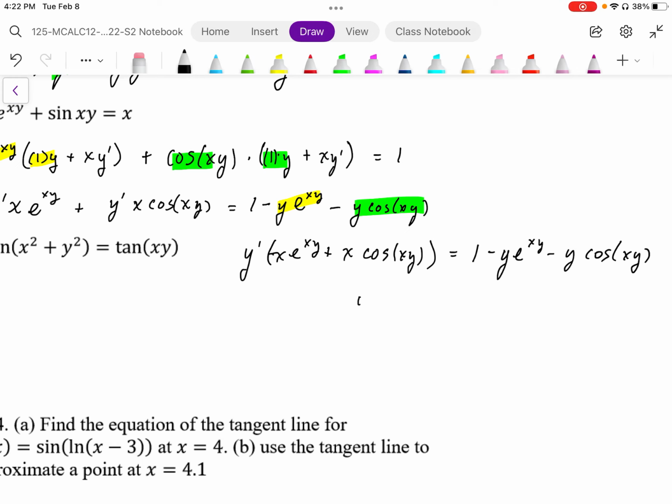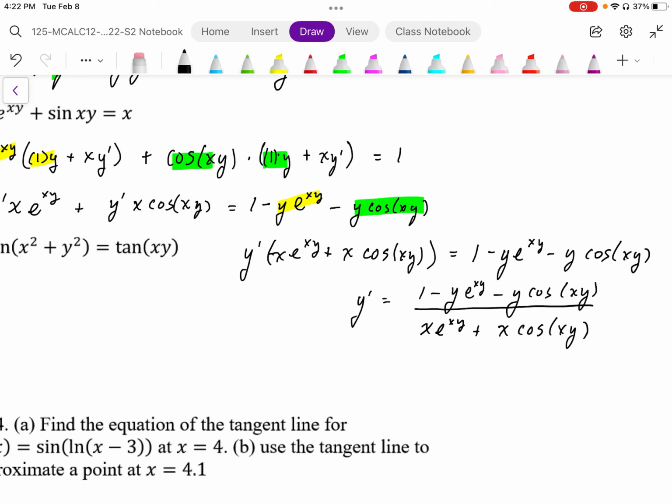And then solving for y prime, I end up with y prime is equal to 1 minus y e to the xy minus y cosine of xy. And in the denominator of this expression, I'm going to end up with x e to the xy plus x cosine of xy. And there are no common factors, so I can't really cancel anything out here.